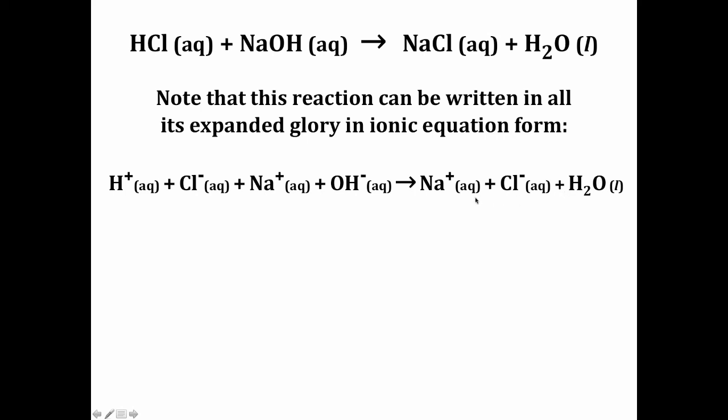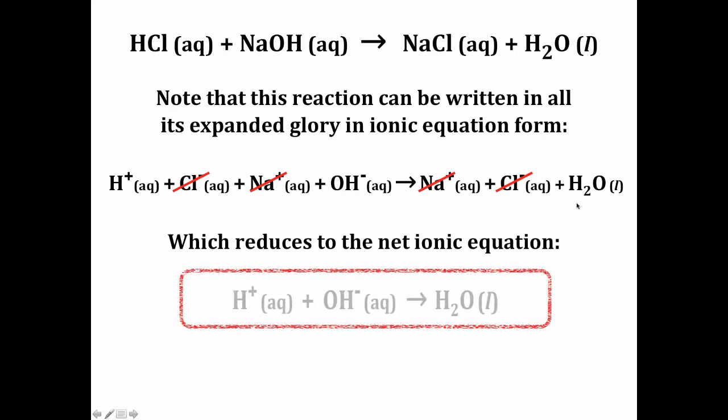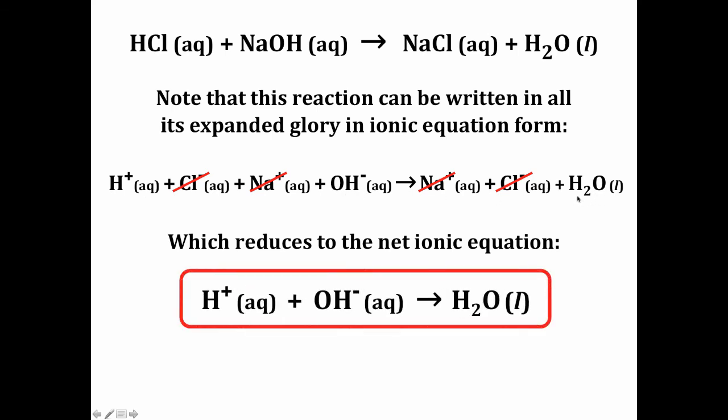And what we note is, comparing our reactants and our products, we have several substances, Cl minus and Na plus, that are floating around in solution before the reaction, and floating around in solution after the reaction. In other words, they're spectator ions, and we can cancel them out to ultimately get to our net ionic equation, which is that H plus combines with OH minus to make H2O.